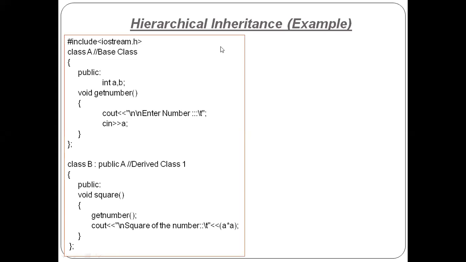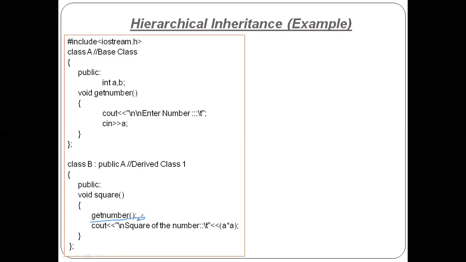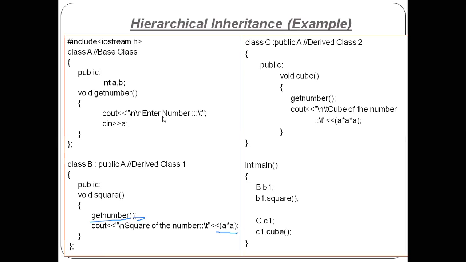I'll just show you. Look at this. Here he is going to call that method which is available inside the base class. So he will get that number, and here he is going to calculate the square for class B. Next, suppose there is one more class, class C, and it again derives from the same class, public A. Here he is going to calculate the cube, and for that purpose he requires one number.